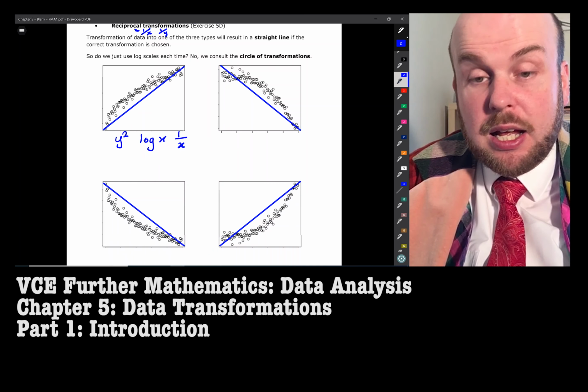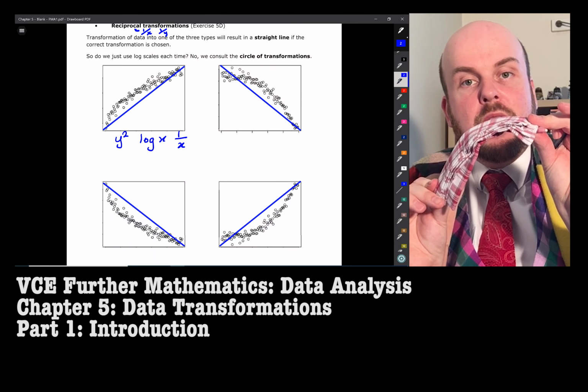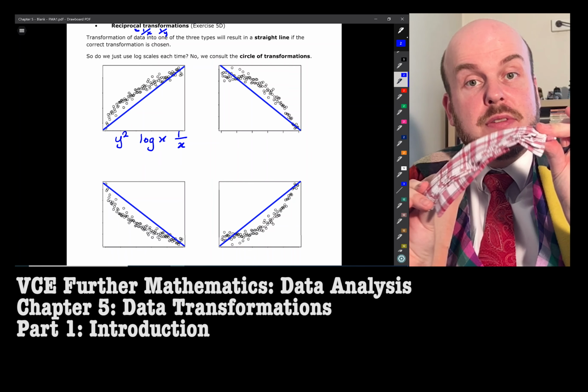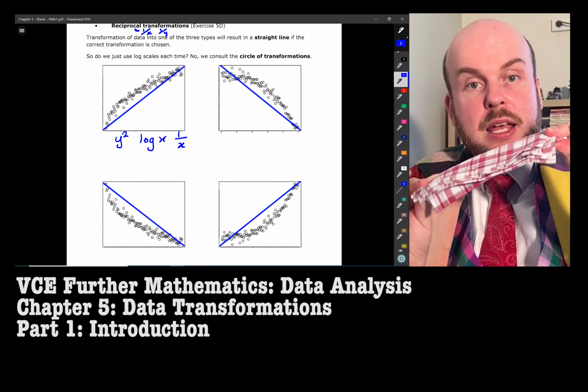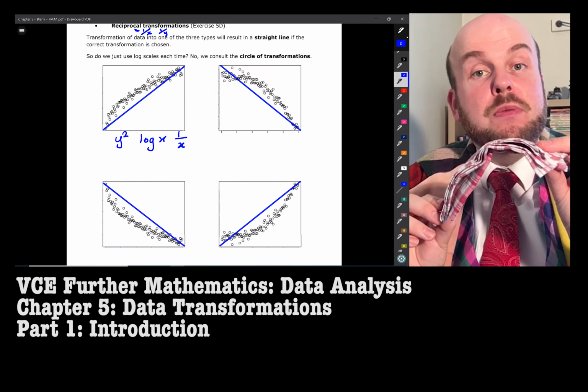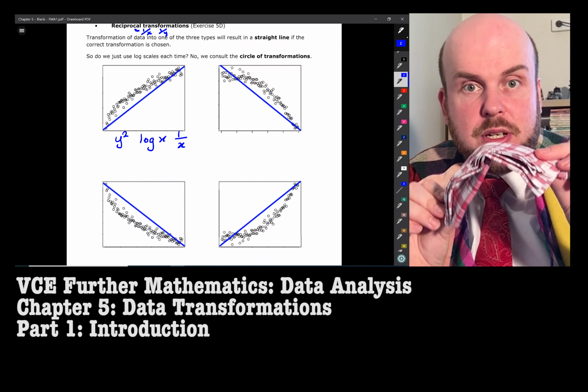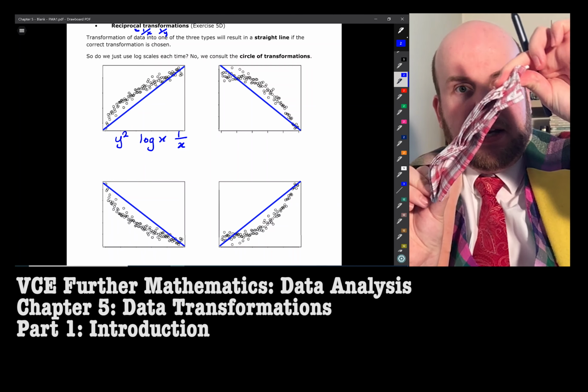If I've got the logarithmic of x, it's going to spread out all of the values, so it's going to look something like this. And if I've got 1 over x, it's going to make all of the bigger numbers smaller. So if you can imagine, it's going to tilt this back up like so.